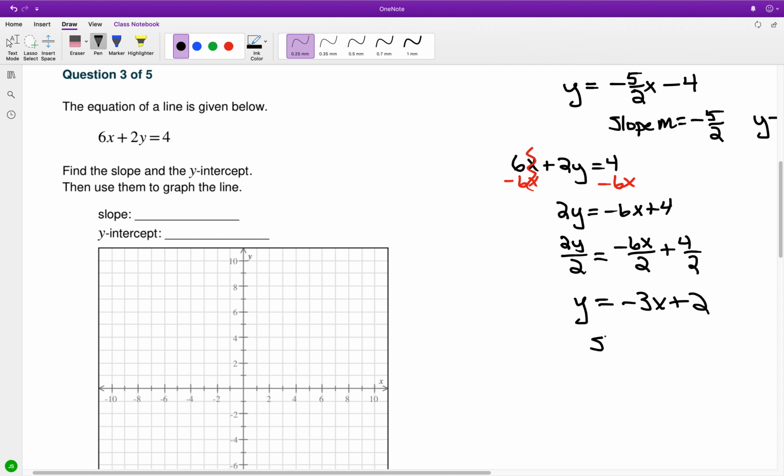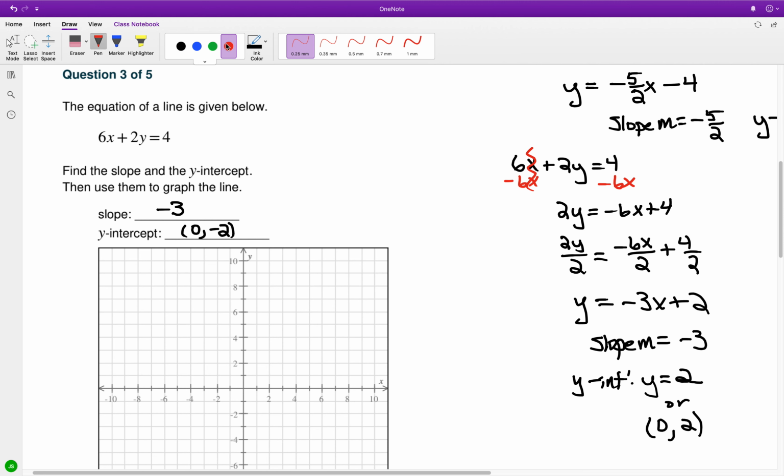For the slope, m is equal to -3. As for the y-intercept, on the y-axis we have y = 2, and in coordinate fashion, (0, 2). So the slope is -3, and for the y-intercept we have (0, -2).